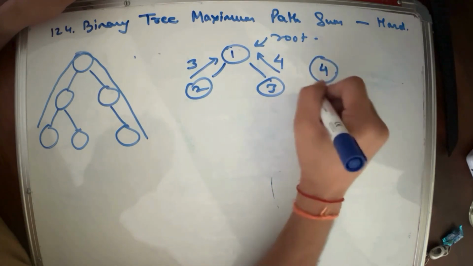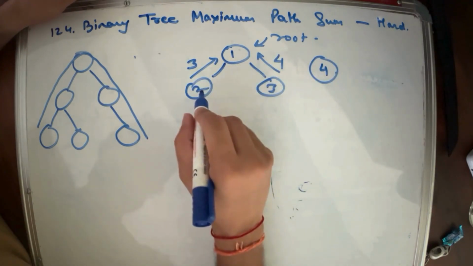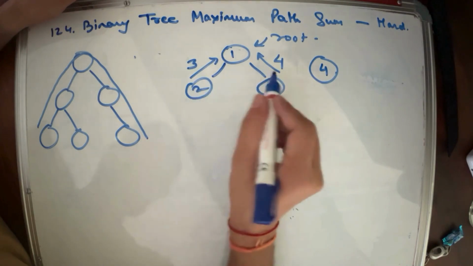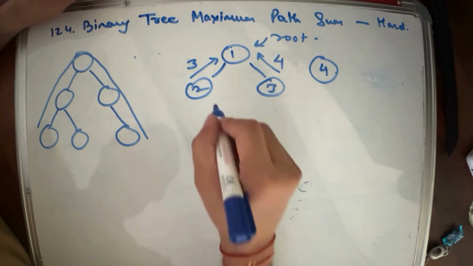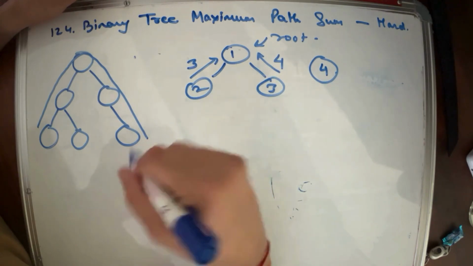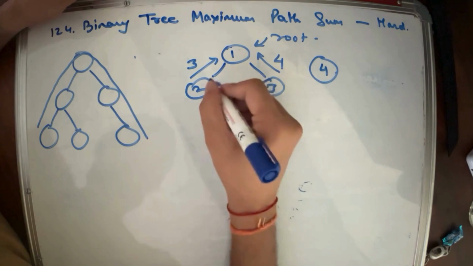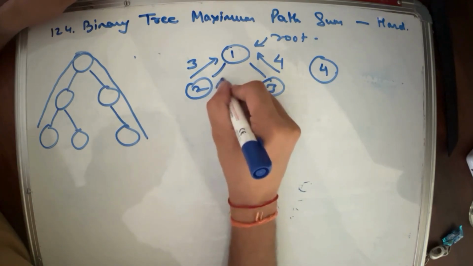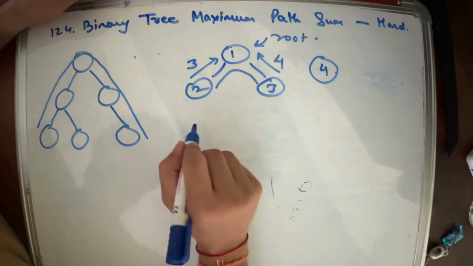Okay. Now the path does not have to go through the root, right? And it can contain any node in any way, right? So we can take this path also. This is also a path, right?